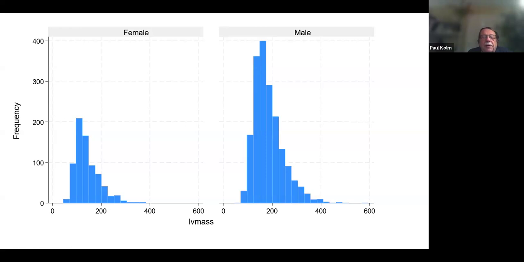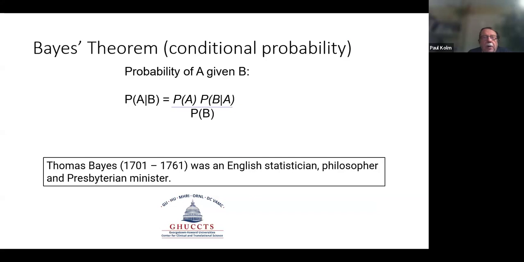classical and Bayesian perspective. What I want to do then is go through some examples where the Bayesian perspective is commonly used. And the one that most clinicians or epidemiologists would be familiar with is the use of Bayes' theorem of conditional probability, the probability of event A given event B. So this is the formula for Bayes' theorem.